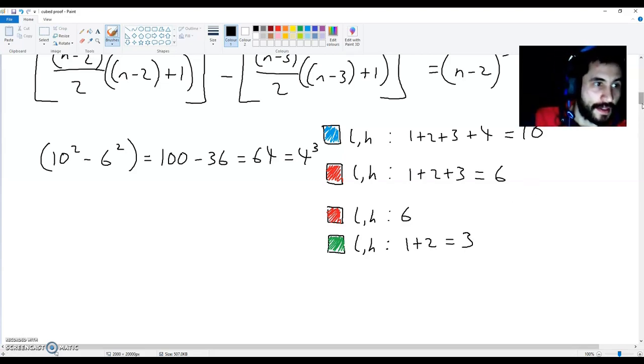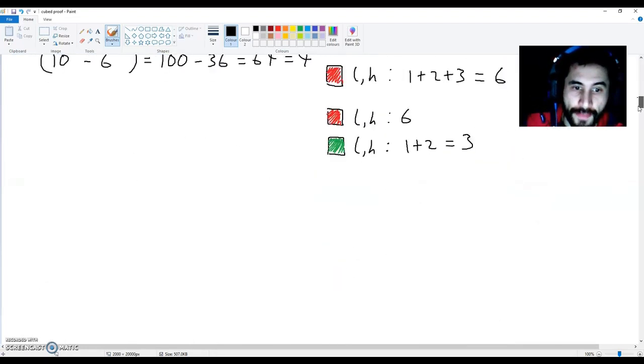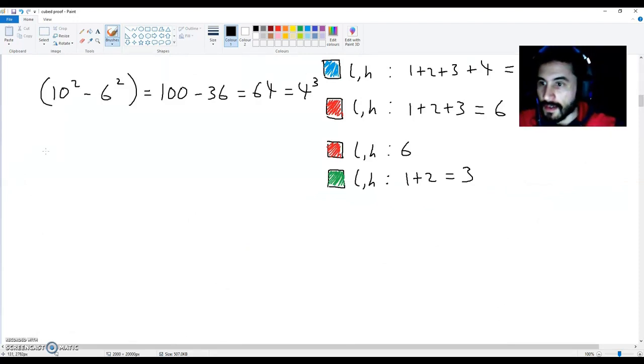This means the area shaded in red over here is going to be 6 squared minus 3 squared.